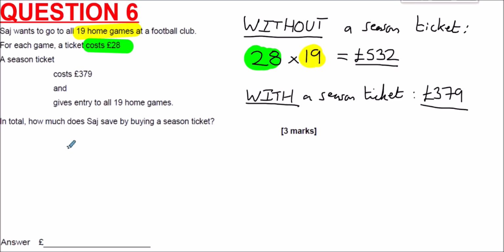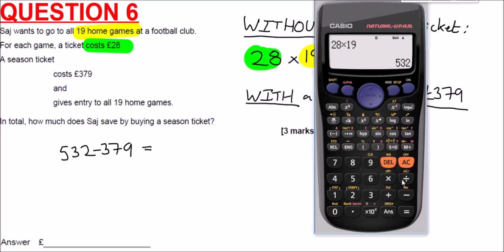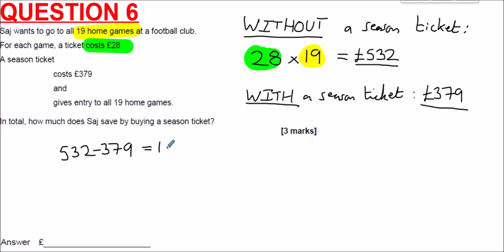And so the only thing we need to do now is just 532 take away 379, and that'll tell us how much he's going to save. So 532 minus 379 comes to a total of £153. Quite a big saving. And so that's what we need to pop in on the answer line. And that's question 6 completed.